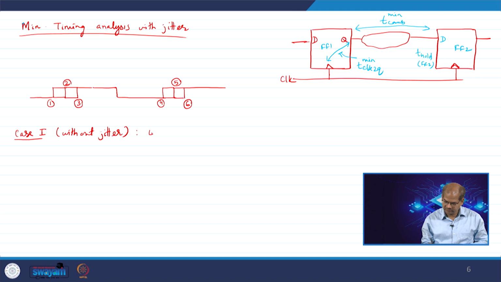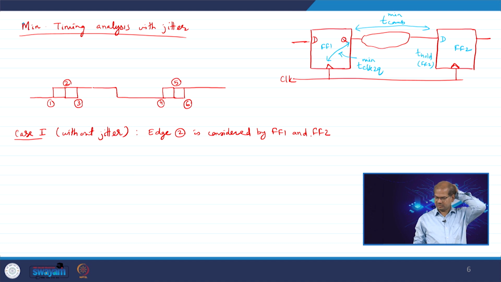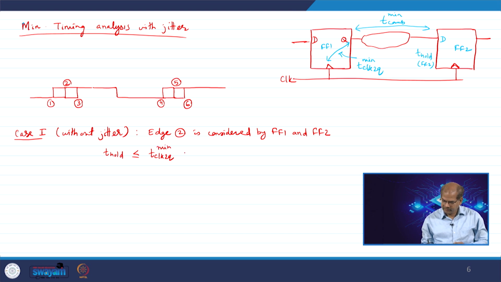Edge 2 is considered by flip flop 1 and flip flop 2, and here T hold should be less than or equal to T clock to Q minimum plus T combinational minimum.